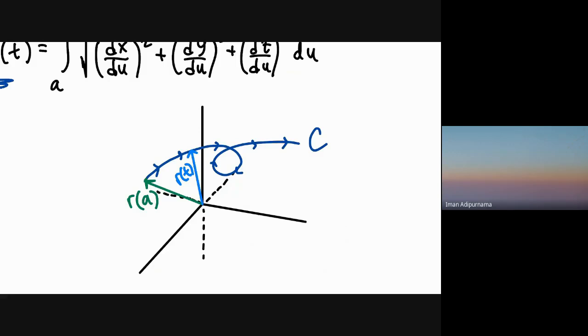We can put more than one variable. For example, this is a, this is t, maybe we can put u. We can include them all together and find the relations, because the arc length will not be affected by that, since it's already independent by itself, right?